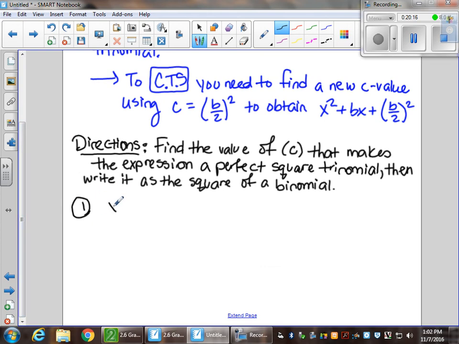X squared plus 10x plus c. So I have this unknown c value. So we're told find the value of c that makes this a perfect square trinomial. We're going to follow this process. We're going to take 10, divide by 2, and square it. Equals 5 squared, which is 25.